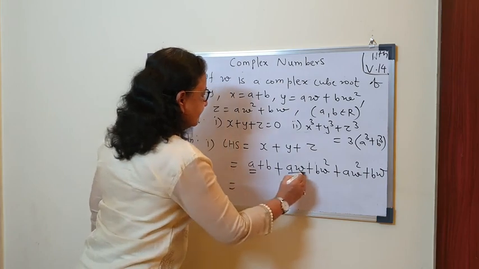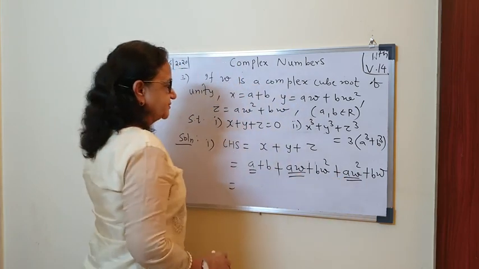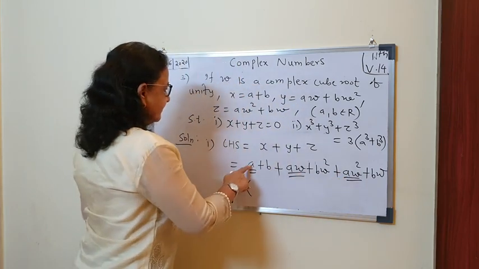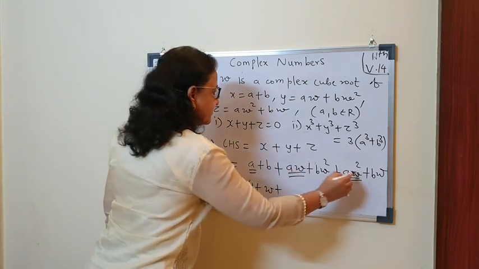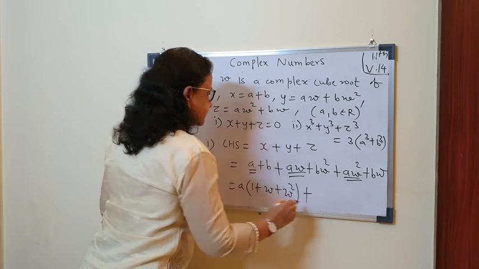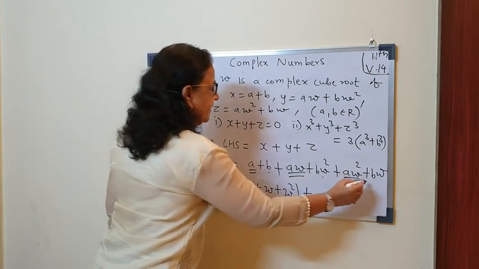Here I got a, here I have got a, here I have got a. 3 terms. If I take a common, I get 1 plus omega plus omega square, plus b, b and b.